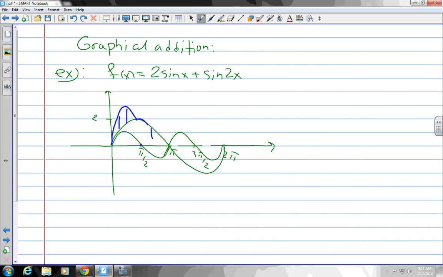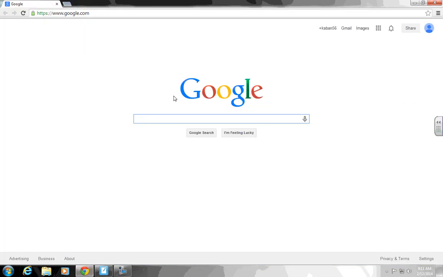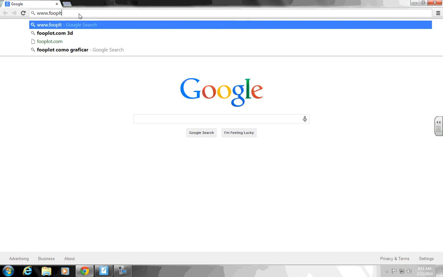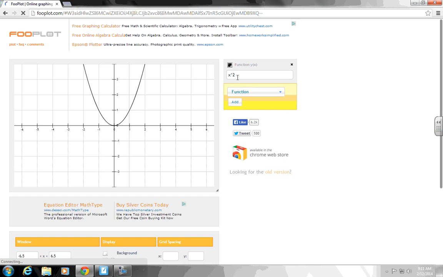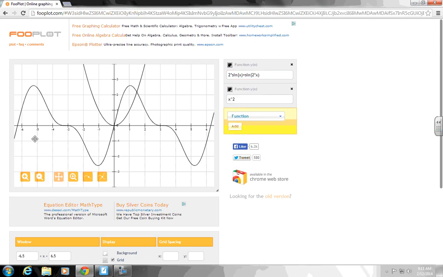But when you are ever faced with these types of functions, you want to use a graphing calculator, or we like this graphing tool. So we're just literally going to type 2 times sine of x plus sine of 2 times x. So it should give you something like that.